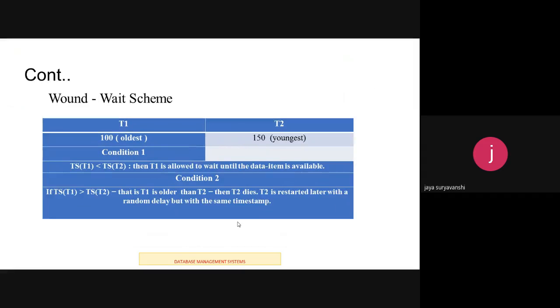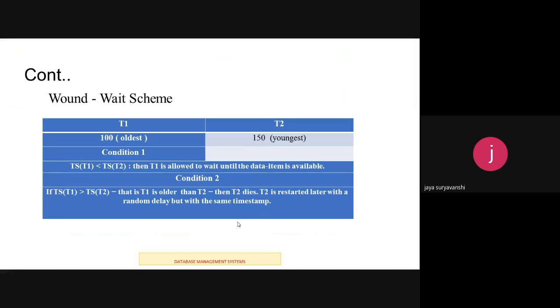So the next one is the wound-wait scheme. Again here they will check the timestamp value. In this method, if the older transaction requests resources held by the younger transaction, then the older transaction forces the younger transaction to be killed and to release those resources. And the younger transaction is restarted later with the same timestamp.